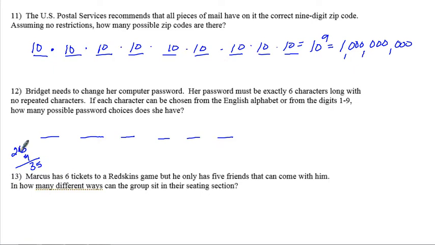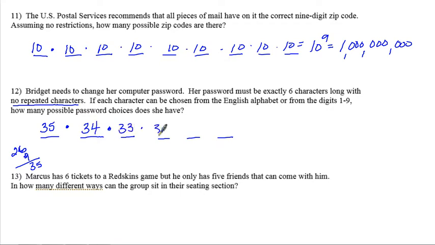So these are all the letters and all the numbers that are possible for the first position, because we could have a letter or a number in the first position. Now, we are not allowed to have repeats, no repeated characters. So whether it be a letter or a number, we're not allowed to repeat it. Whatever we used in the first position, we can't use it in the second. And again.